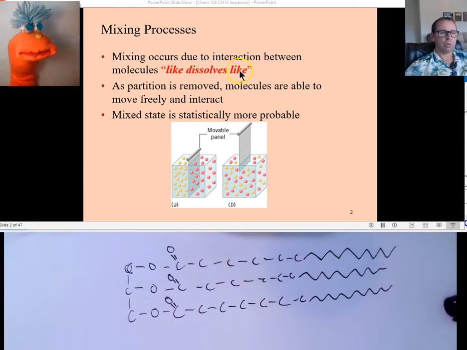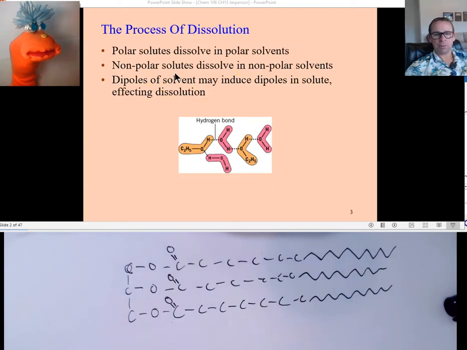Very good. So when you have similar types of intermolecular forces that a molecule can interact with its neighbor with, then those types of compounds, if they're similar types, will be able to mix together. All right? So here's an example of a compound, ethanol, and how even though it's not exactly the same as water, they can mix together well.